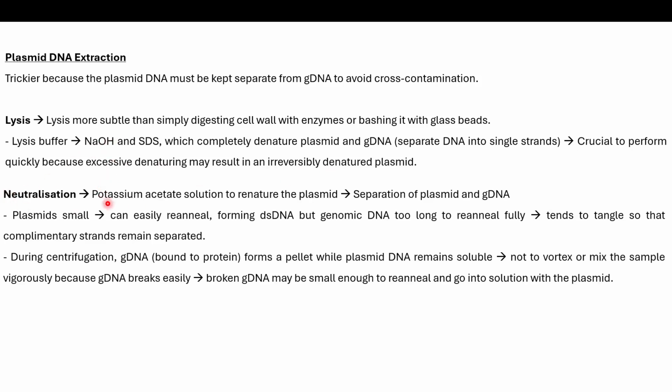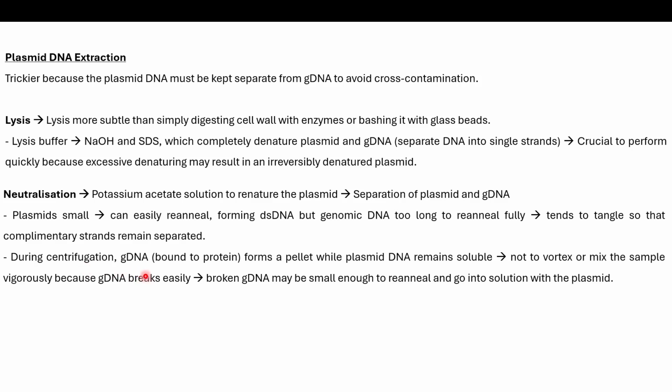Then you neutralize it using potassium acetate so that renaturation can happen, and this should be quick. Genomic DNA, having a much larger size, becomes entangled and takes a long time to renature, but plasmid DNA, being smaller, renatures quickly.